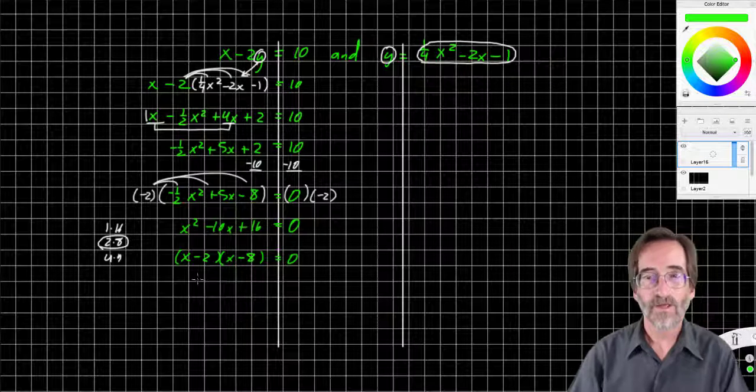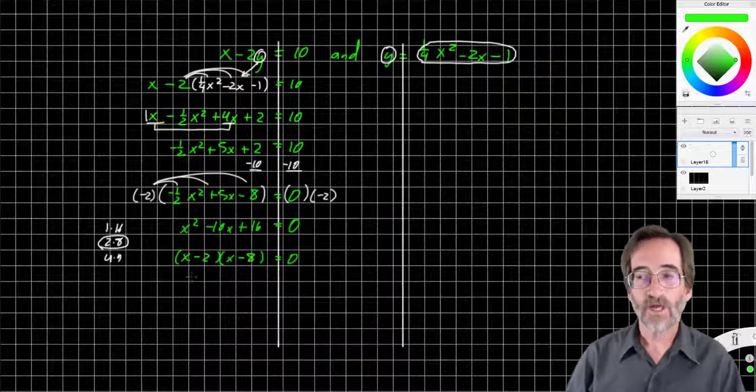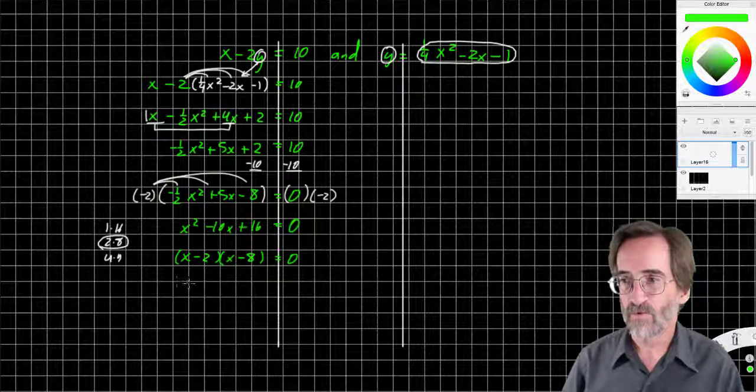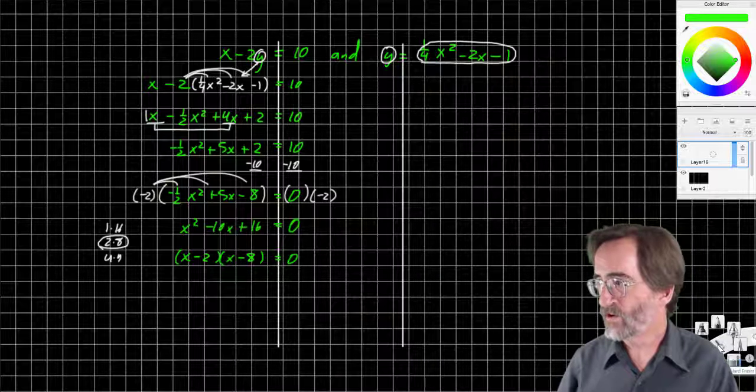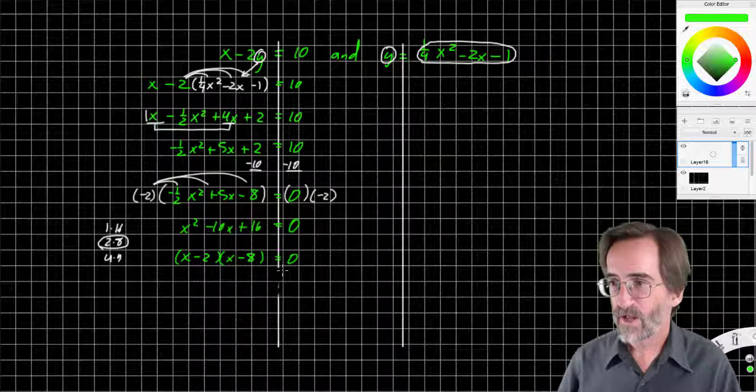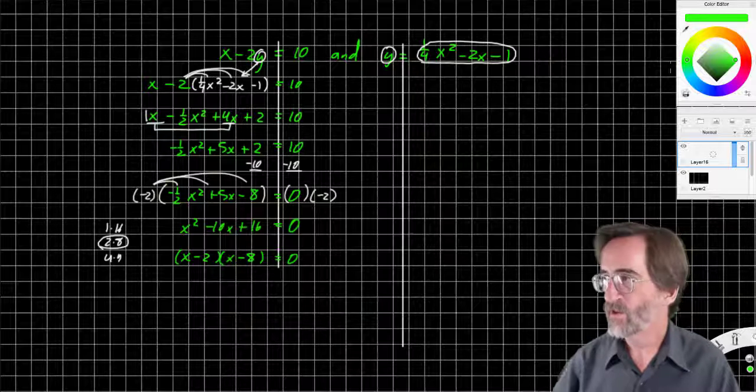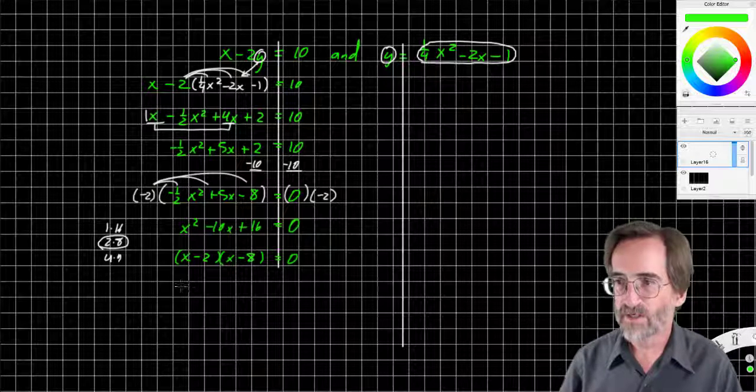And now we learn the zero product property, which says if two things multiply to be 0, one of them must be 0. So either x minus 2 equals 0 or x minus 8 equals 0.